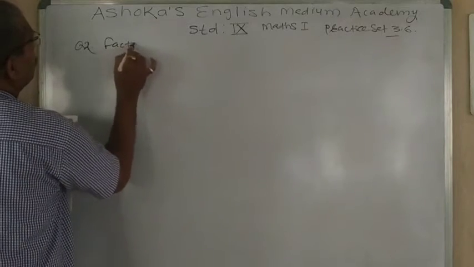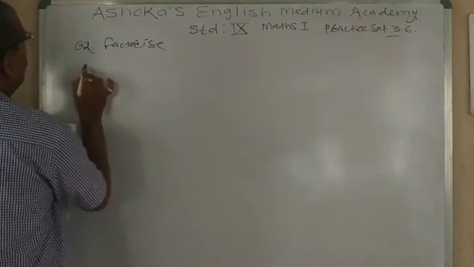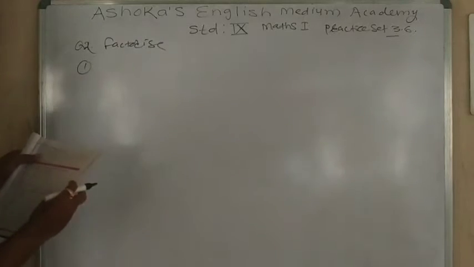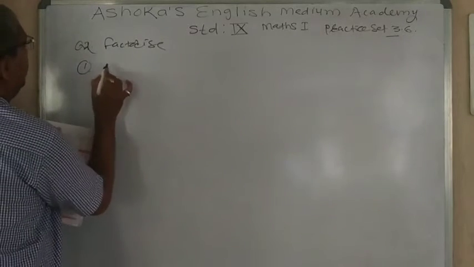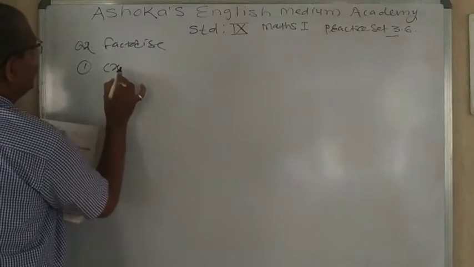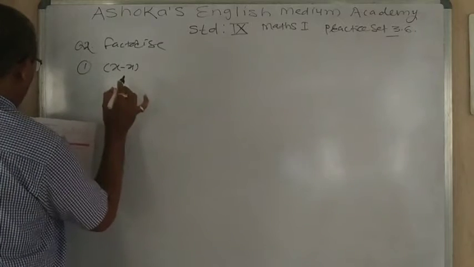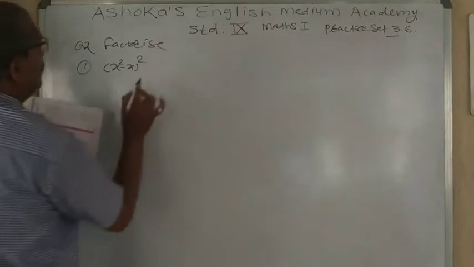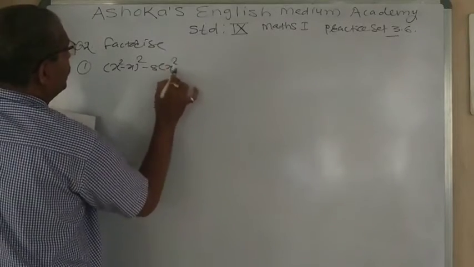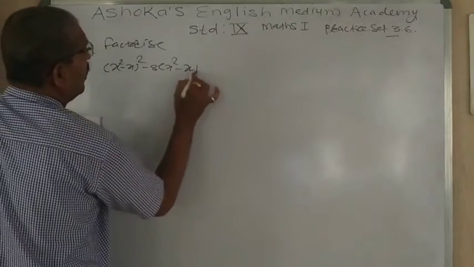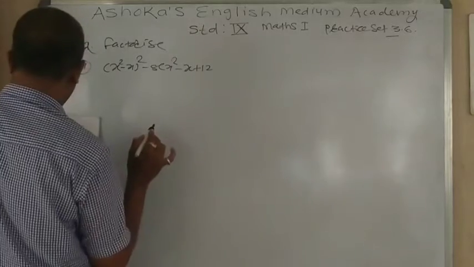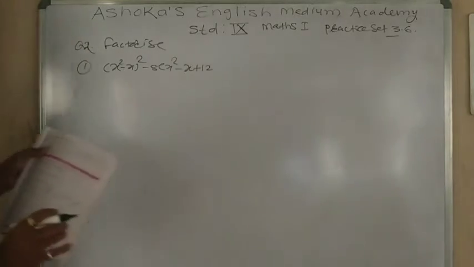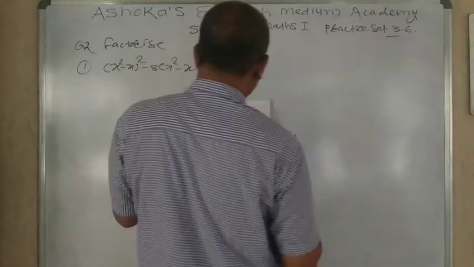Factorize. Number 1: x square minus x in bracket square, minus 8 in bracket x square minus x, plus 12. That is the question.